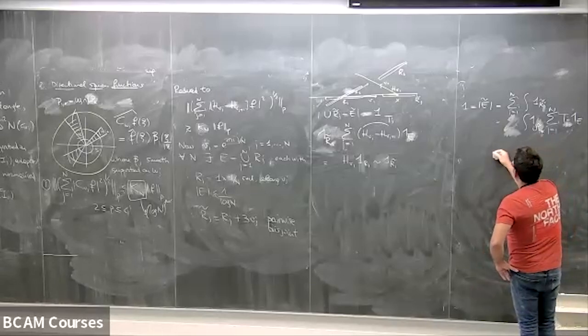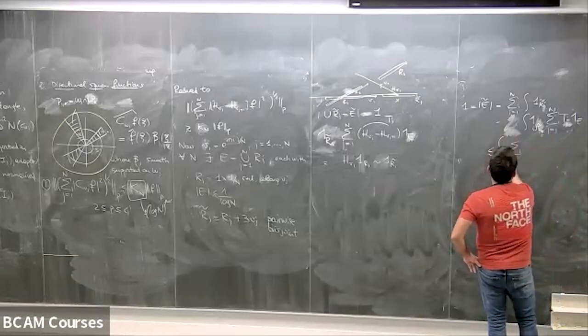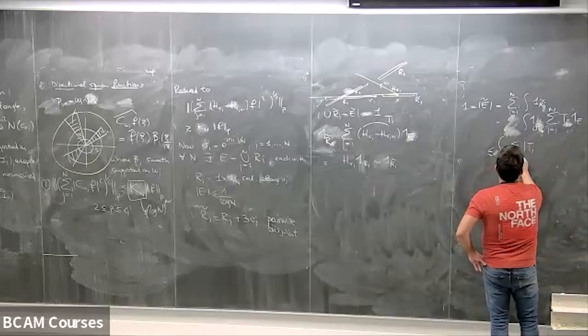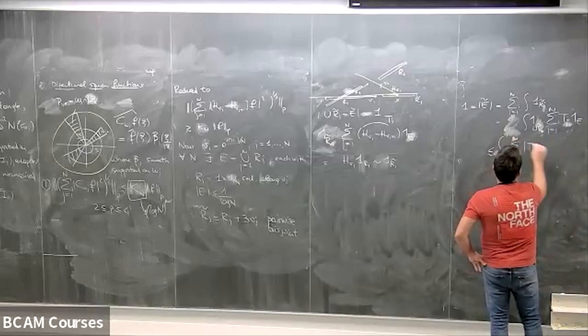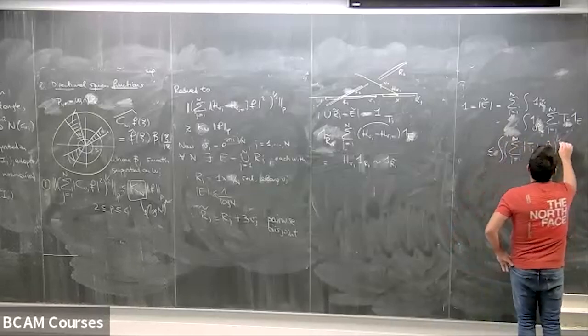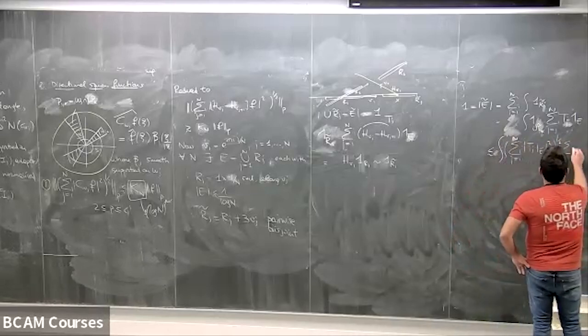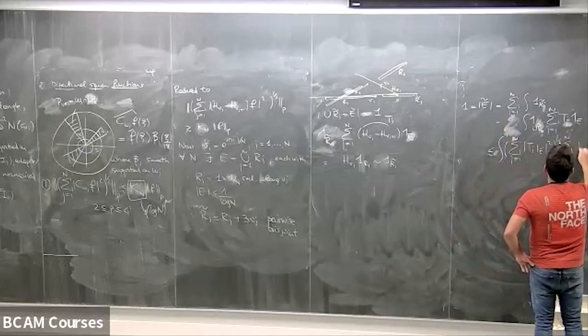Okay, this is bounded by the square function of Tj, one e squared, to the 1/2, times the square function of 1 of j tilde.